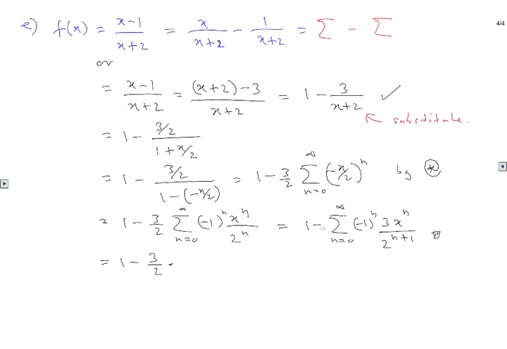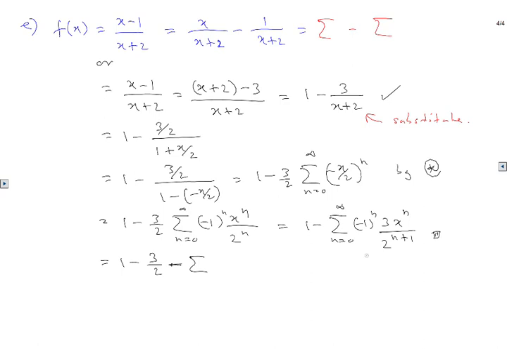Now I can pull the extra negative sign out from this one. Minus. Now let's start with the next term. What's the next term?